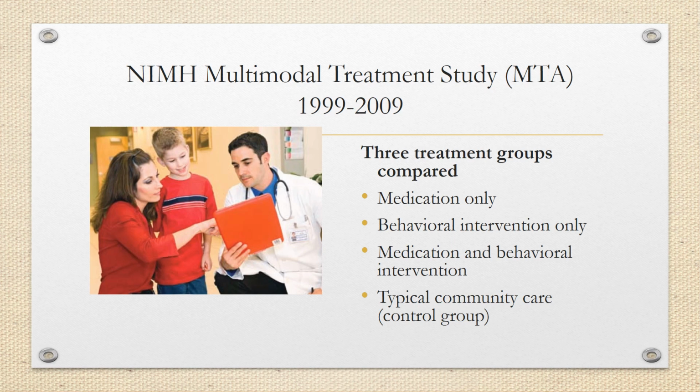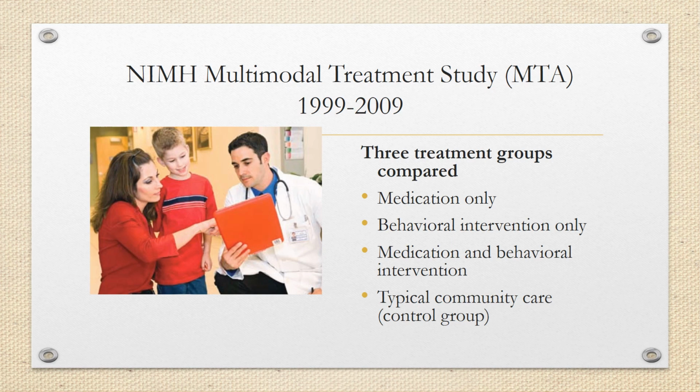Basically, there were several university sites where kids received intensive treatment. The students targeted were between the ages of 7 and 9. And they were divided into three treatment groups and one typical community care or control group. So one group of kids received state-of-the-art medication treatment, but just medication treatment.